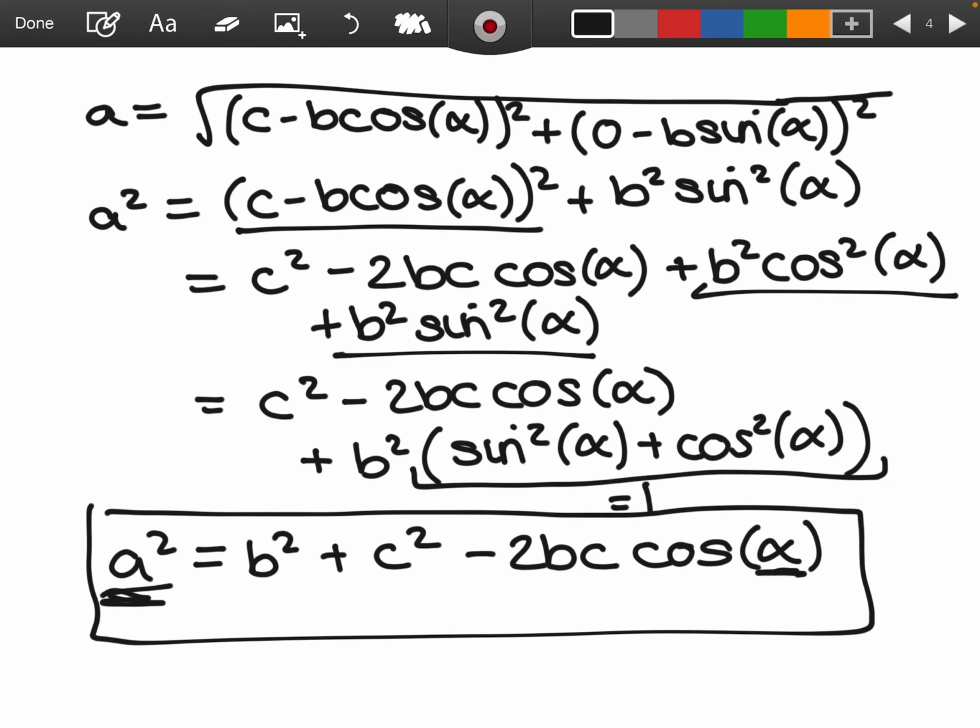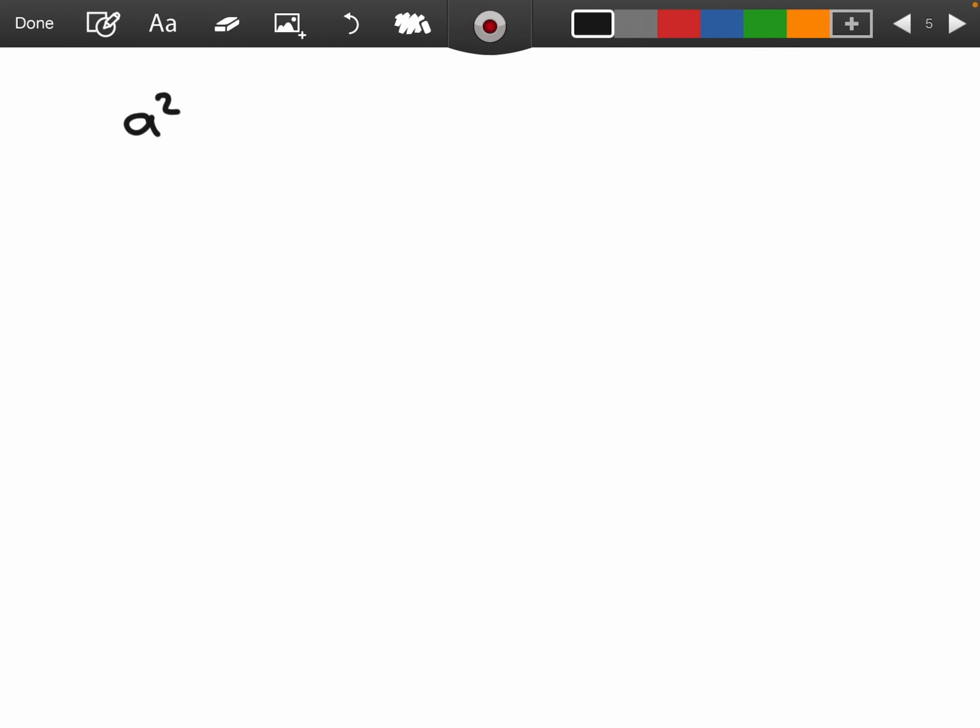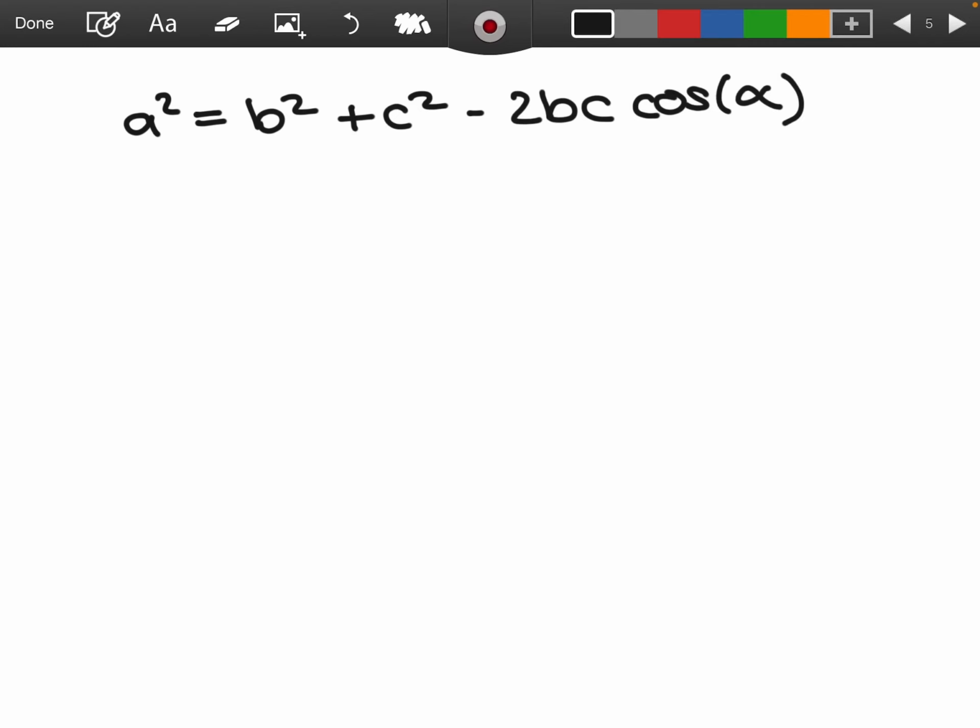It doesn't matter which way around a, b, and c are. By that, I mean we could say that a squared is equal to b squared plus c squared minus 2bc. Because it doesn't matter which way I put my triangle and how I label it, it doesn't matter where my a's, b's, and c's sit.